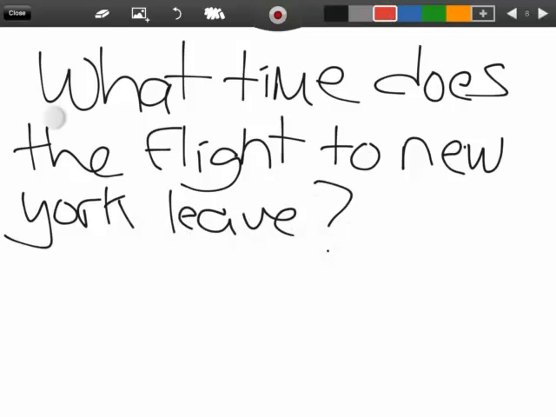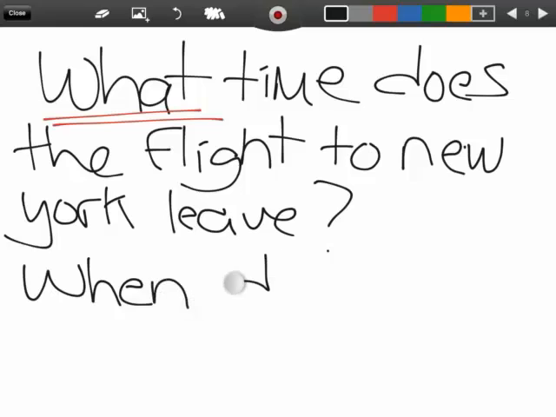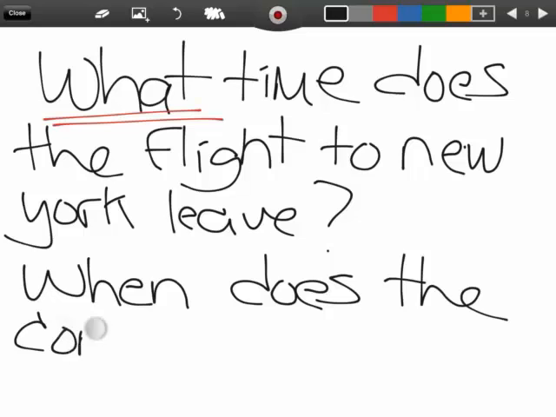I'm going to go ahead and give you another example. When does the concert begin? I'm going to go ahead and underline these. When does the concert begin?